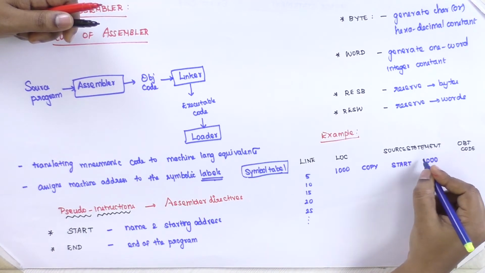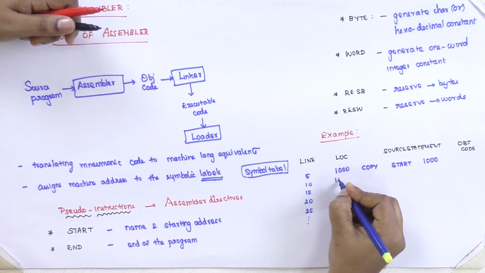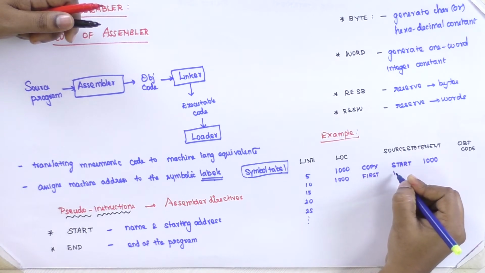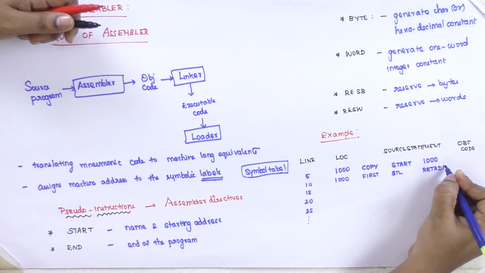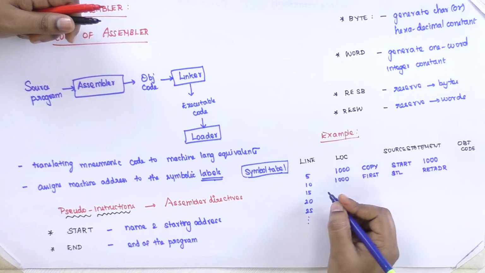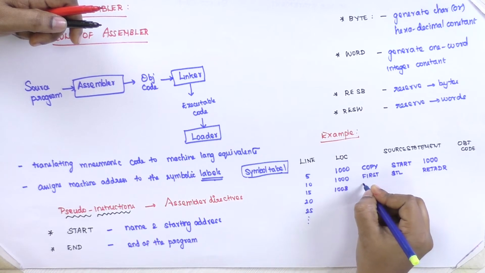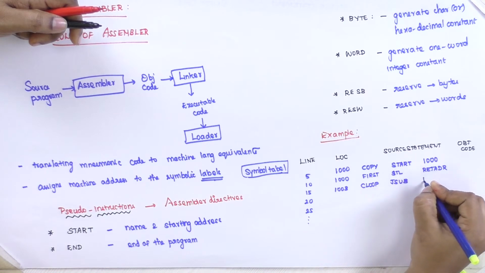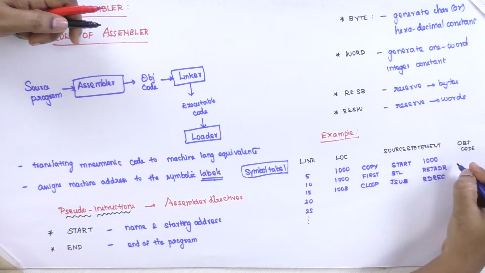This is the starting address where our program has to get loaded in memory. The next instruction is STL RETADR. This is the next instruction. Next, 1003 is the address for the instruction at the label LOOP, then JSUB RDREC. An object code will be generated for each and every instruction.